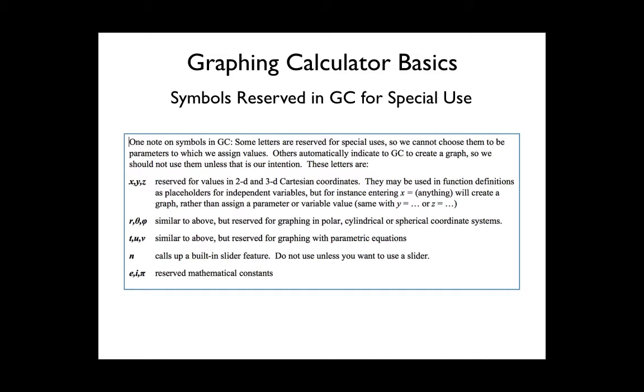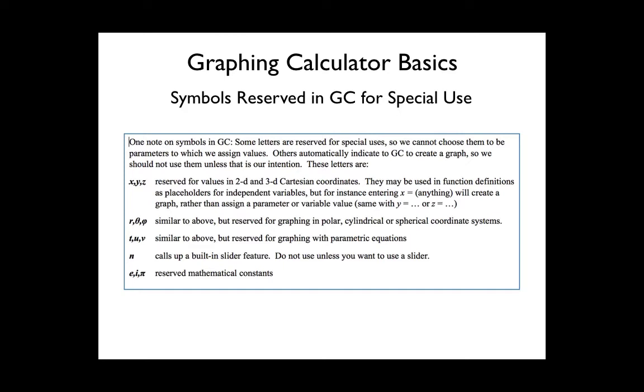What I mean by slider is it makes a little draggable bar at the bottom, and if you use the symbol N in an equation, you can change its value by dragging the slider around. So you can make a variable vary at your own kind of rate. There's also a little play button that shows up, so you can just push it and watch things change and not have to be physically dragging a little slider bar.